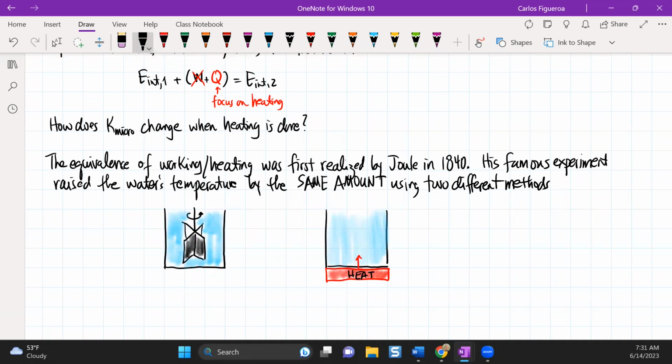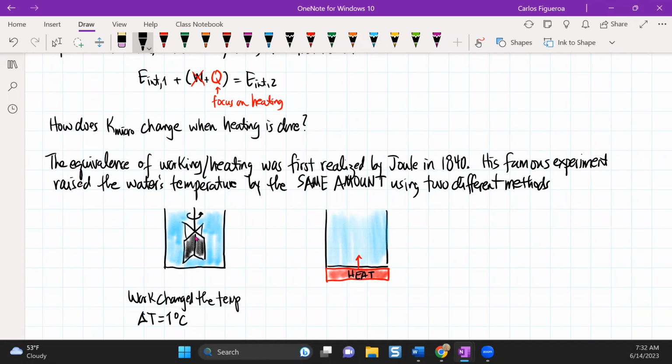So what we found here is that in this situation, the work changed the temperature by 1 degree Celsius.